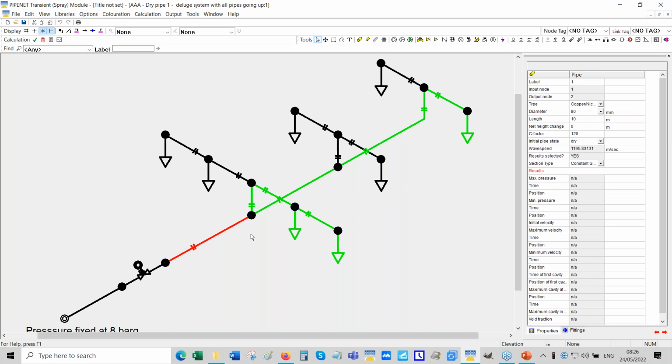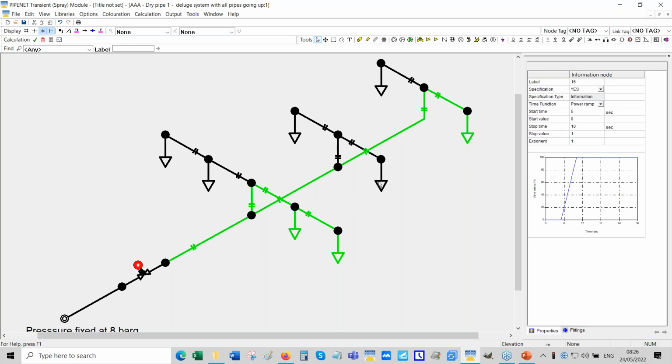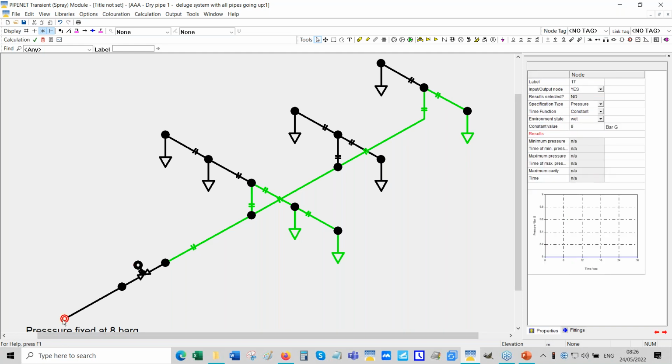Gradually, it'll become wet. And all the pipes you can see downstream are dry. And the deluge valve opens from 5 to 10 seconds. And the inlet pressure has a constant value of 8 bar gauge.